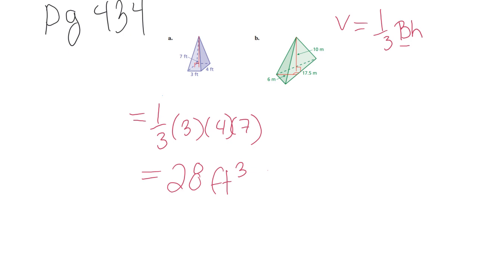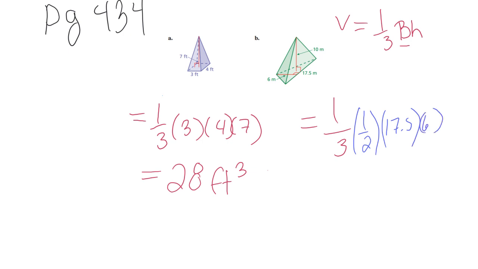So I'm going to switch up the color for the different areas of this one just to make it a little easier. So we know we have 1/3. Then we're going to need to figure out what is the base of that triangle. So that's going to be 1/2, because it's a triangle, times 17.5 times 6.